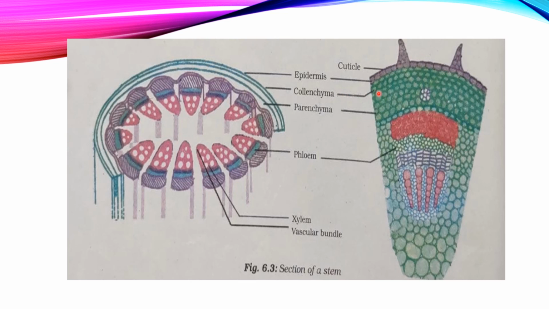It provides flexibility. Then parenchyma stores food. These, collenchyma, parenchyma and sclerenchyma, are all simple permanent tissues. And here are phloem and xylem. They form vascular bundles. They are conducting tissue and they are complex permanent tissue.